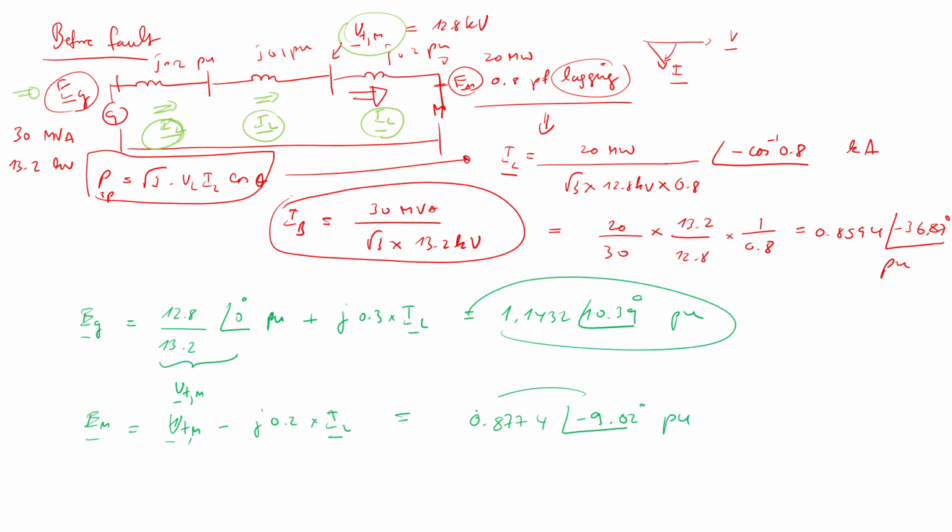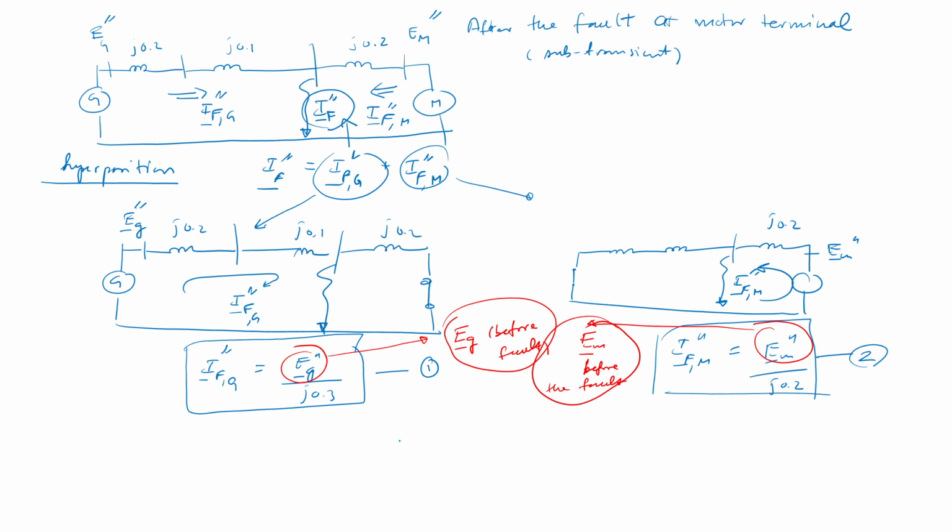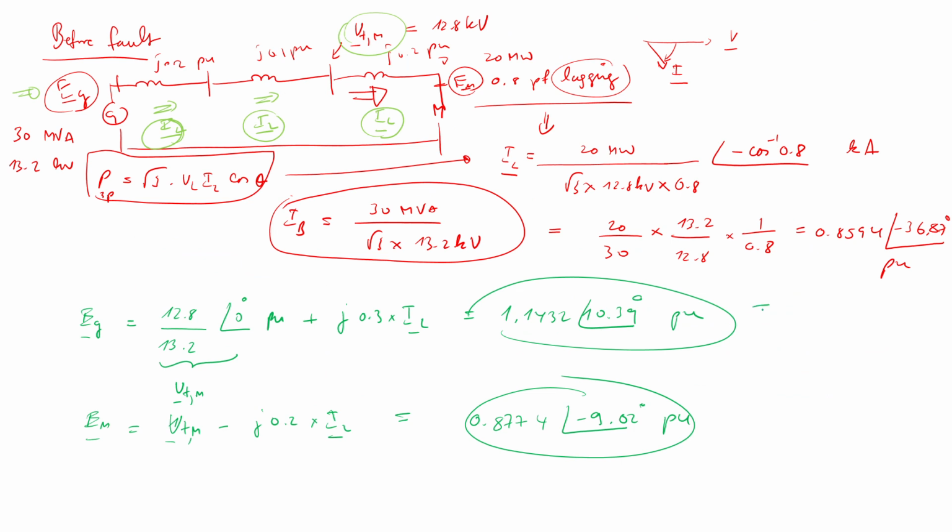Now you have got this EG and EM, right? You use the fact that the EG before and after the fault during the subtransient period are the same. So this is EG double prime during the subtransient, and this is EM double prime.